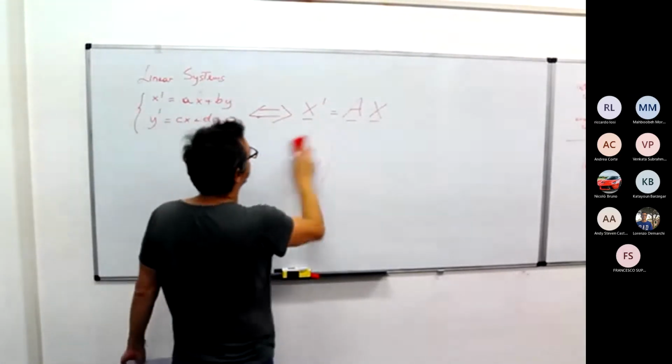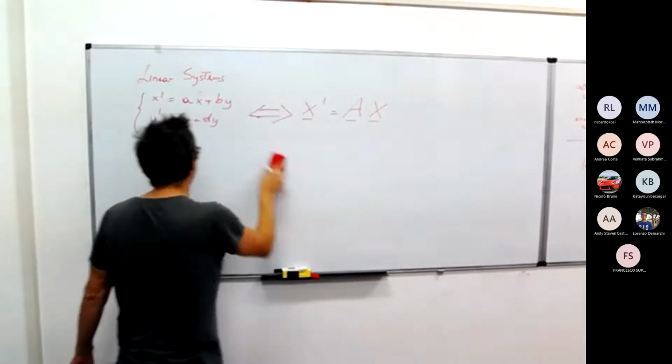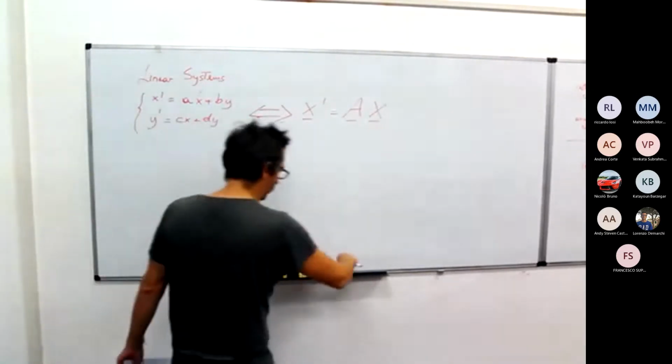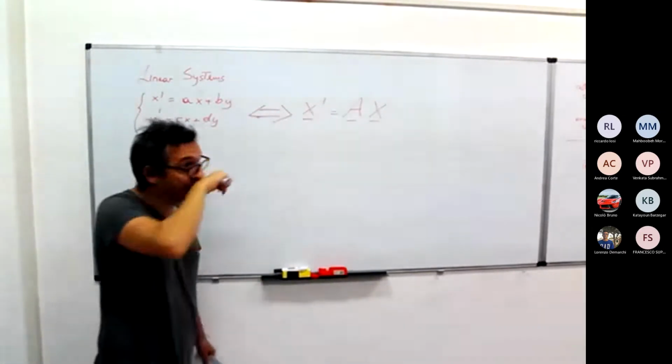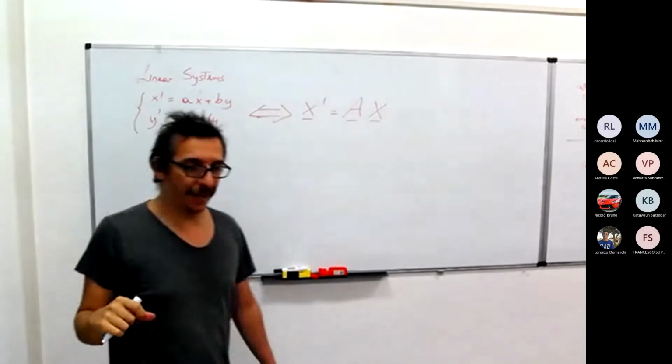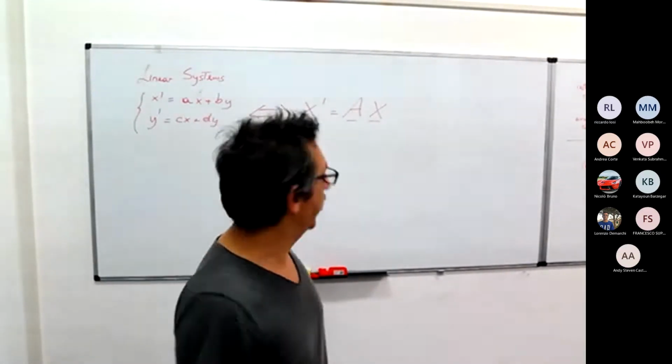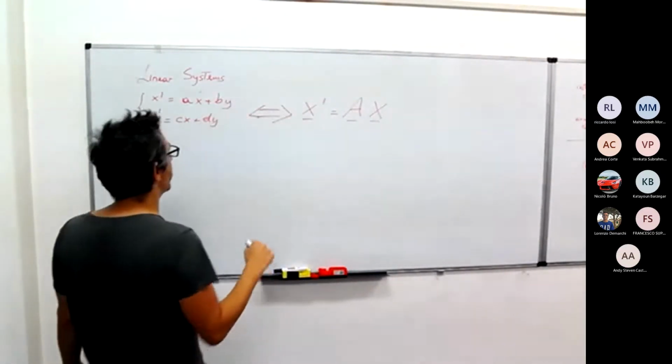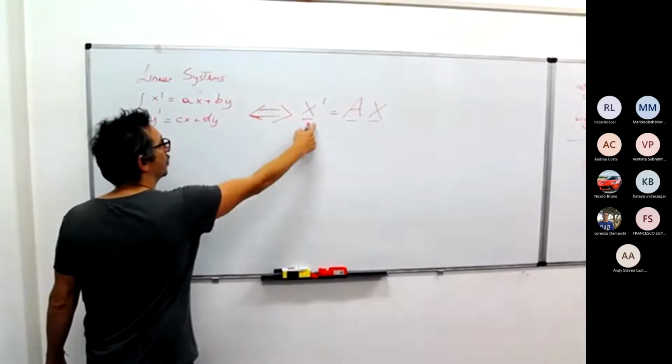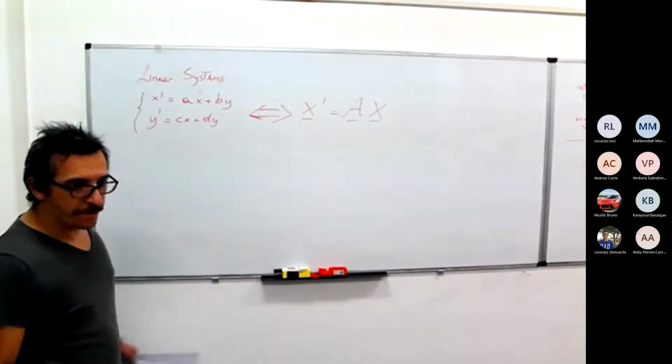So what was the advantage of writing my system in this way? Well, the advantage was that now I can easily find a solution to this equation.